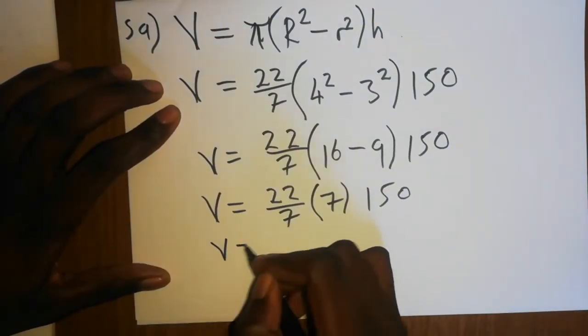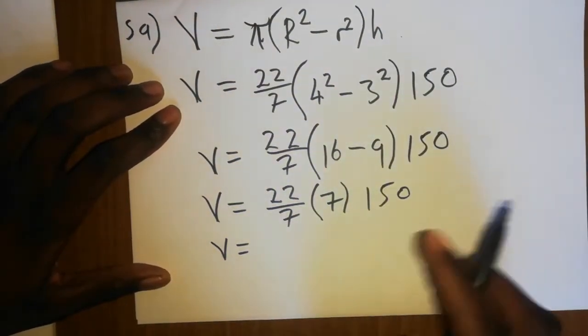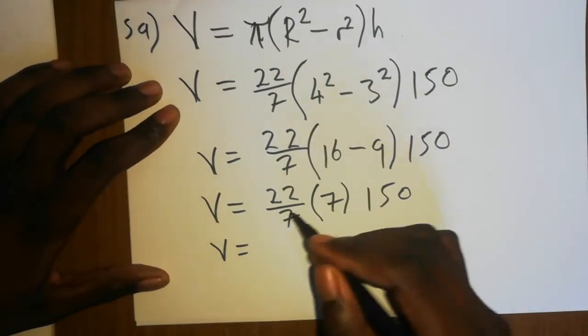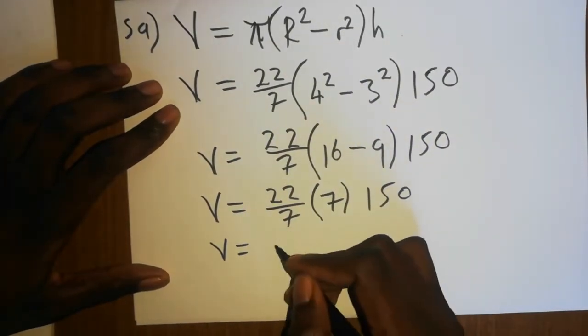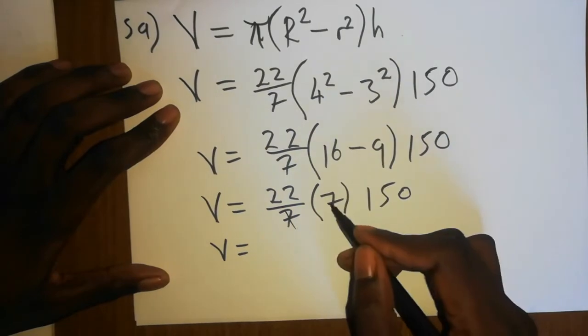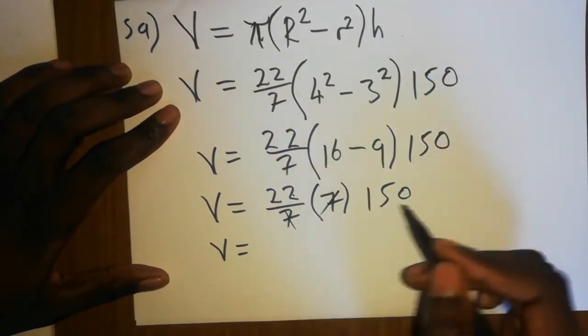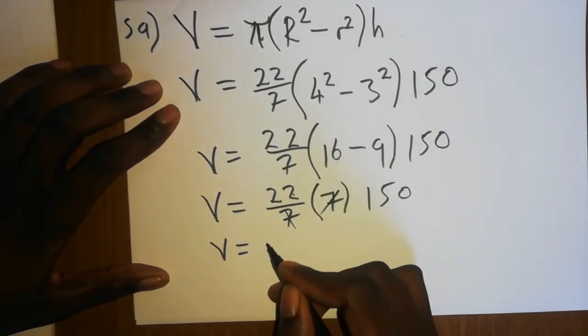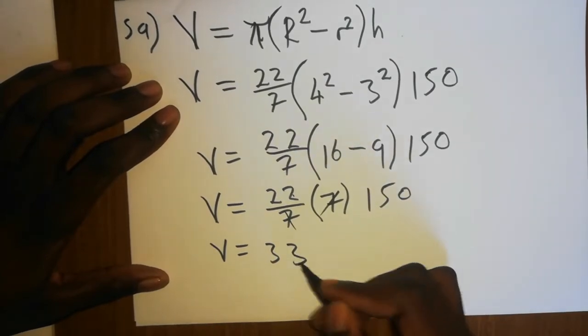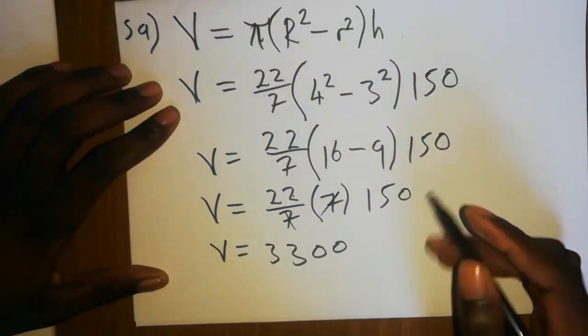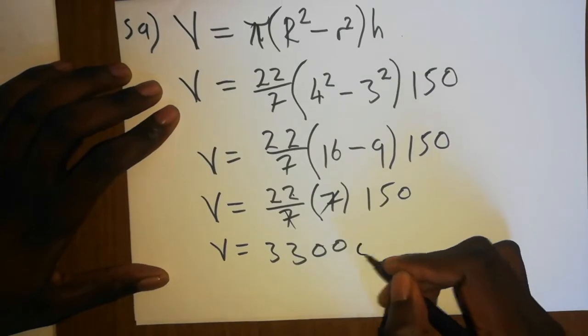So V is equal to, this one you punch it from your calculator. 7 into 7, that's 1. Then 22 times 150, you're going to obtain 3,300.